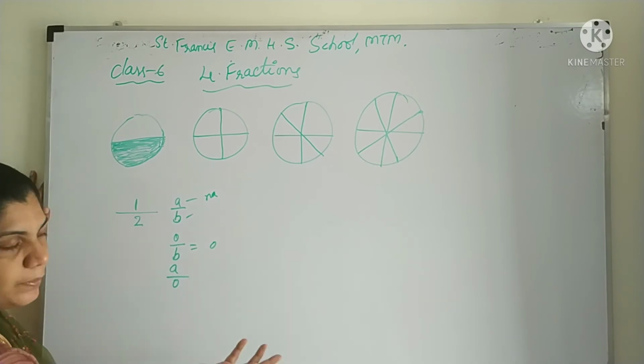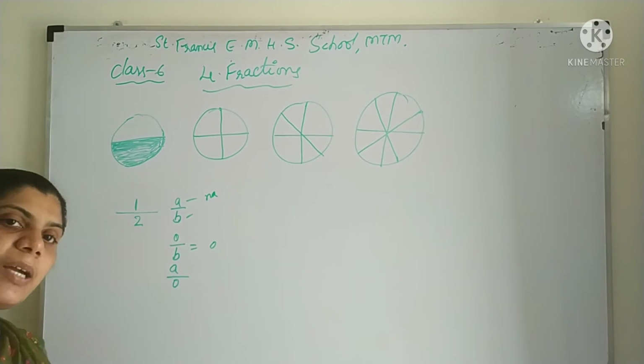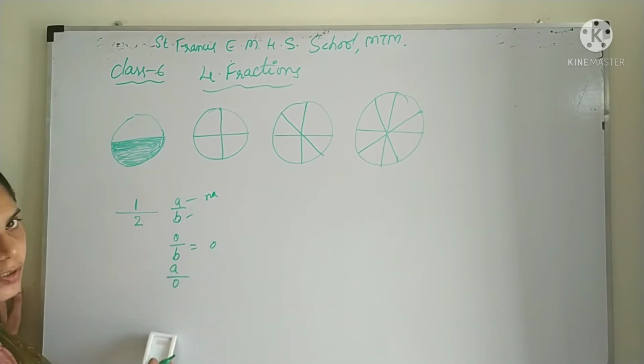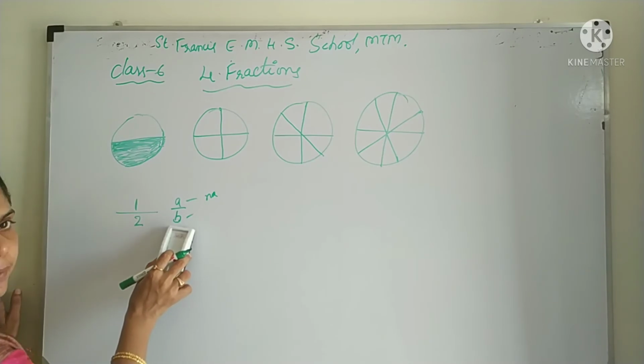And in a by b, if in place of b I take 0, we can't define this one. So no need to take 0 here. You must take natural numbers only. Understood? Natural numbers only. Okay? That means from 1 to any number you can take here, but not 0. So a fraction is in the form of a by b, where a and b are two natural numbers.